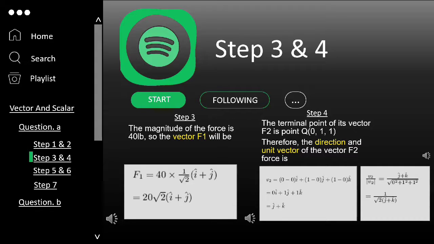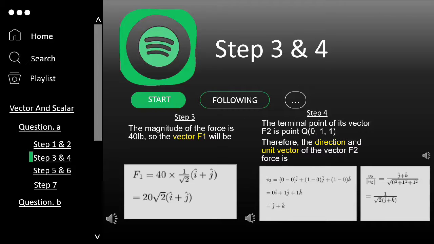Therefore, the direction vector of the force F2 is V2 equals (0 minus 0)I plus (1 minus 0)J plus (1 minus 0)K, equals 0I plus 1J plus 1K.